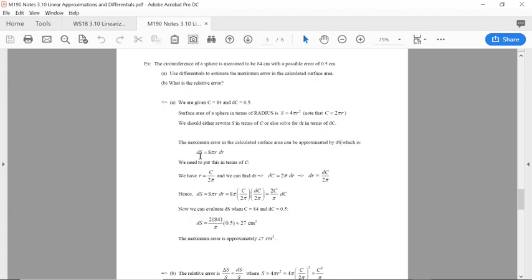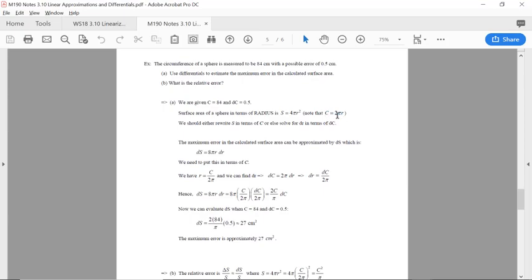Now we want to find dS under the condition that the circumference is 84 and the dC, or the delta C, is 0.5. Well, delta C is the same as dC. We can find dC by finding the differential from this equation right here that relates C to r. dC is equal to C prime of r dr, because dC/dr is equal to C prime of r.